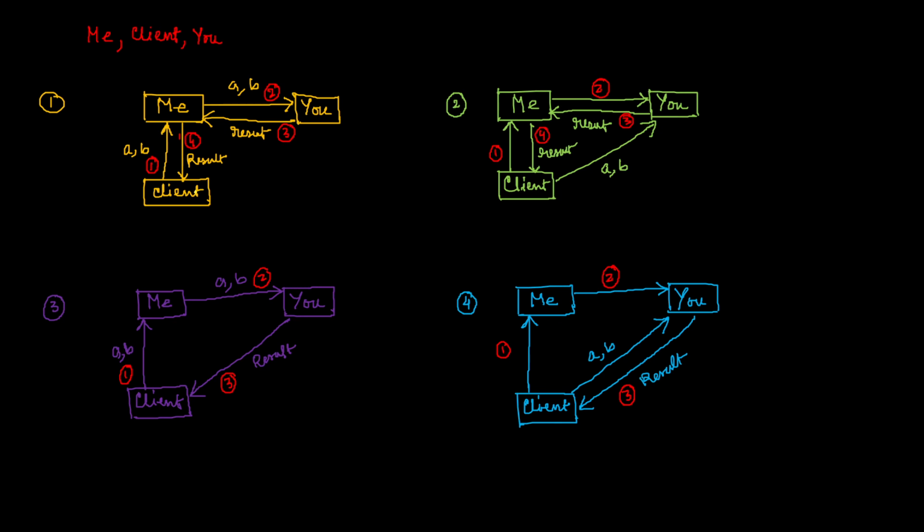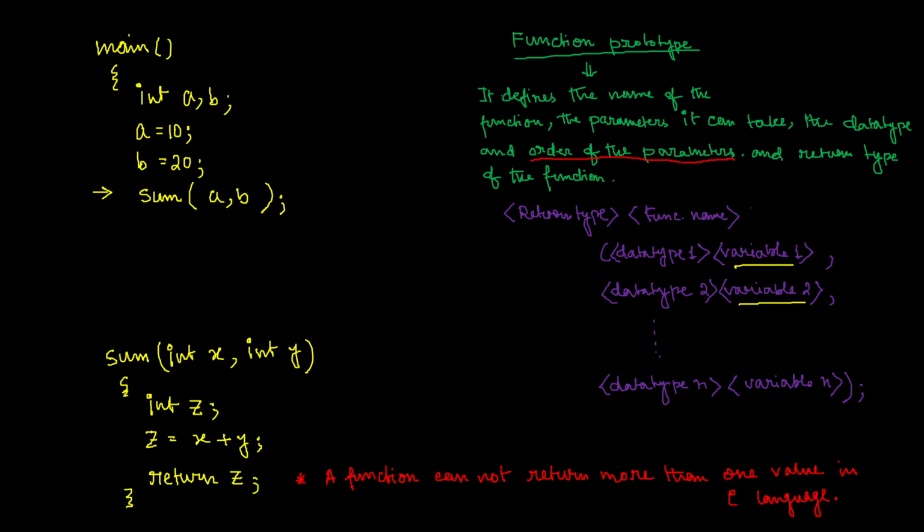That means the result that you have generated should be stored somewhere on my side. Presently, the result is stored in z, whose scope is within the sum function only, not within main function. So right this moment z is not visible on my side. So I can copy the content of z to my side, and that I can easily show to the client by printf statement, right?